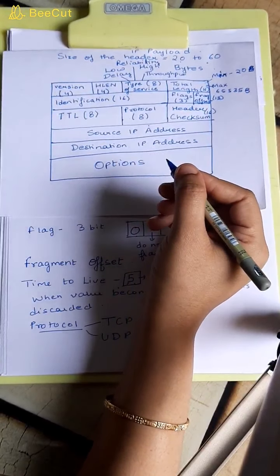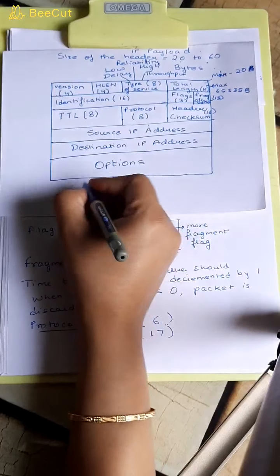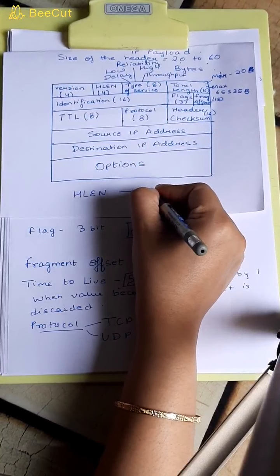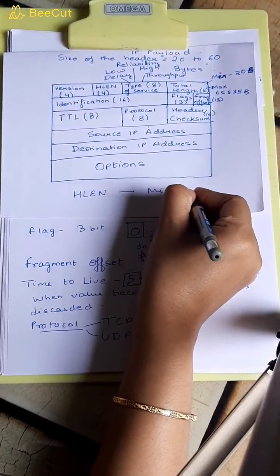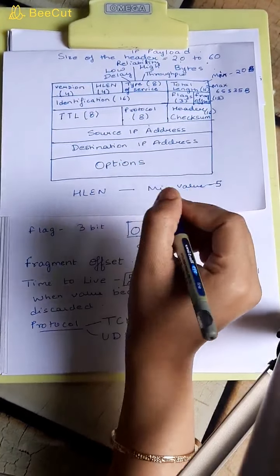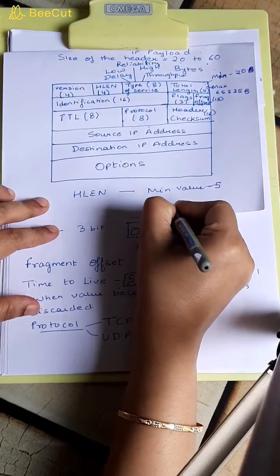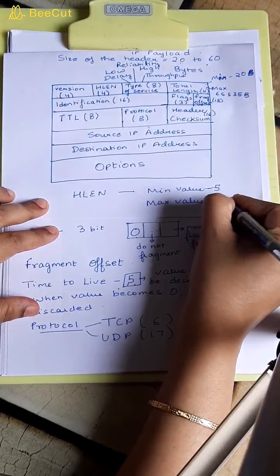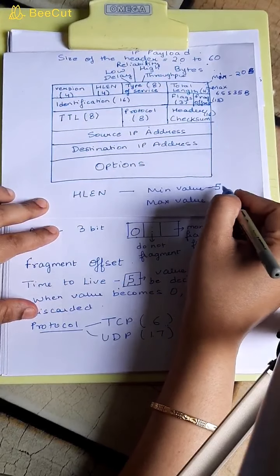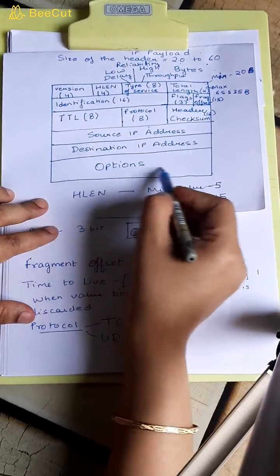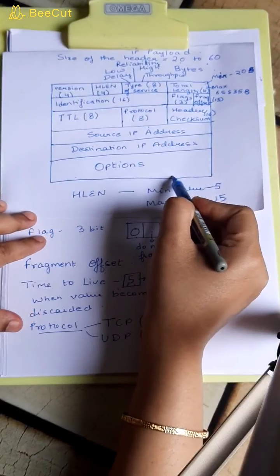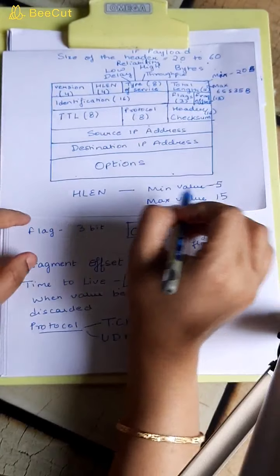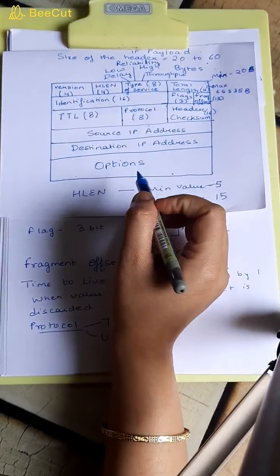Normally your HLEN value has a minimum value of 5 and a maximum value of 15. So if the value is greater than 5, we give the rest of the information here in options. So this is the full structure for an IP packet.